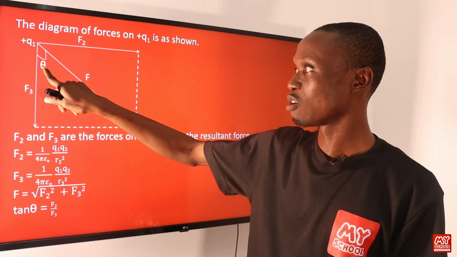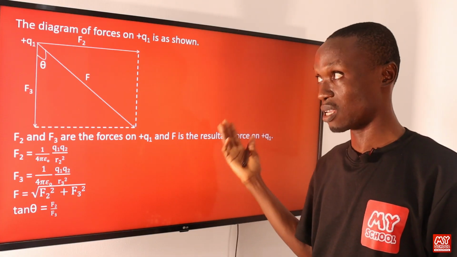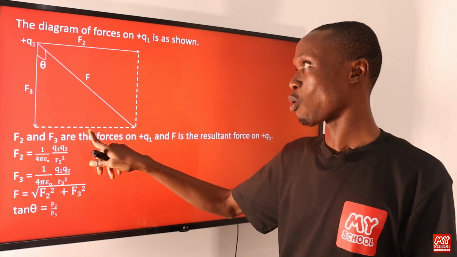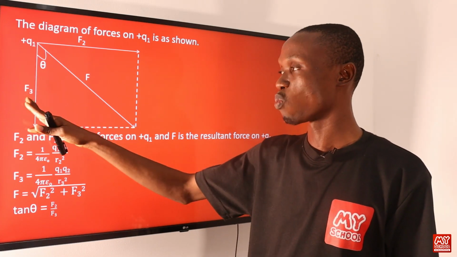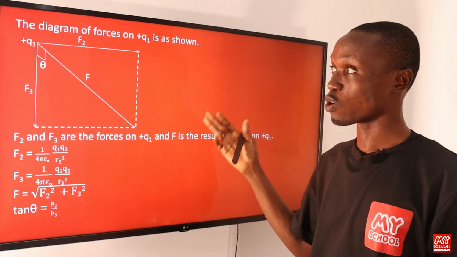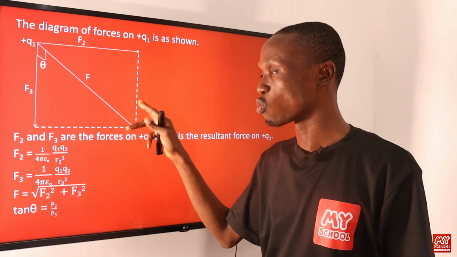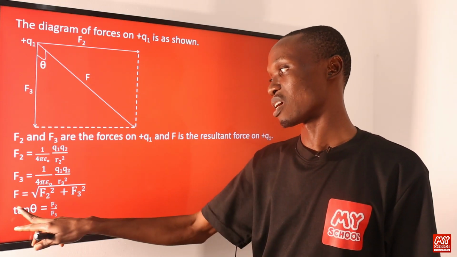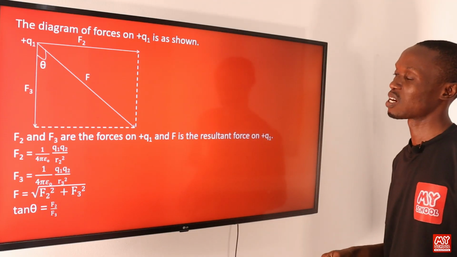So to calculate theta, we need to apply tan, because here we have the opposite, which is F2, and beside it we have F3. Remember that tan is equal to opposite over adjacent. So in this case, we have F2 over F3. Hence, tan theta is equal to F2 over F3. Let's move to the next slide.